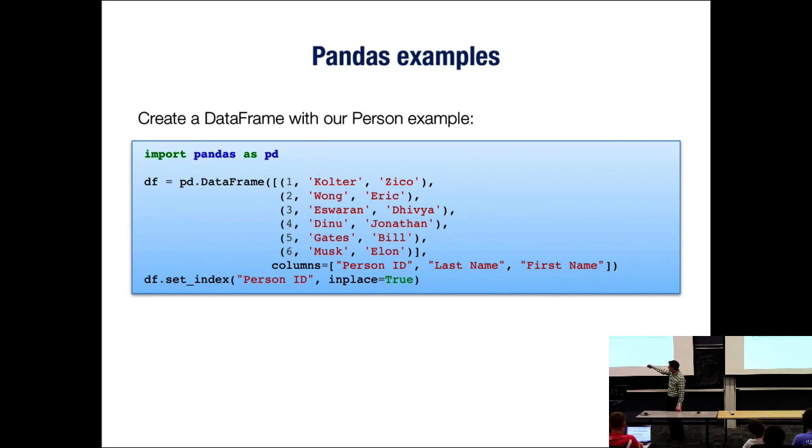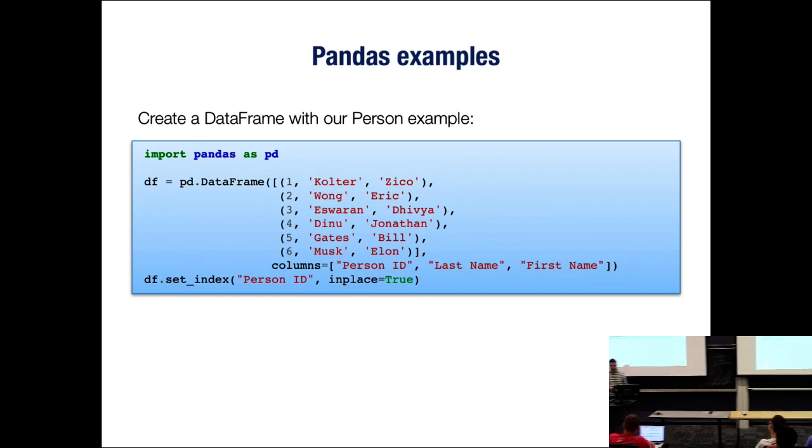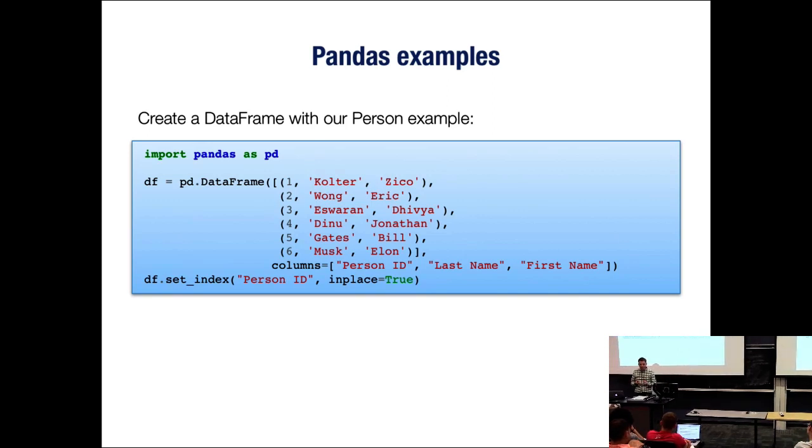And the next thing I do is I set the index of this thing to be the person ID. Now, Pandas intentionally, I don't mean it's a mistake, but what it does is it kind of confuses indexes and primary keys. So in Pandas, you typically refer to rows by their index, not their primary key. And you have to treat indexes and other columns differently.